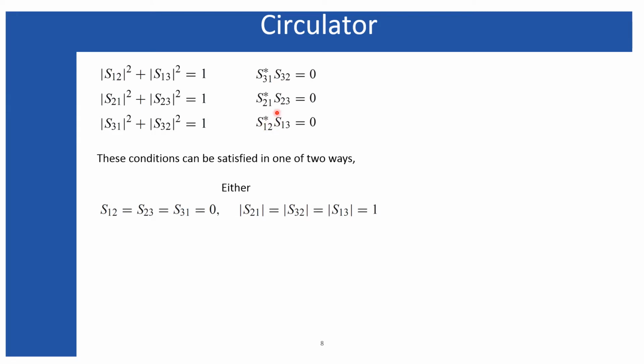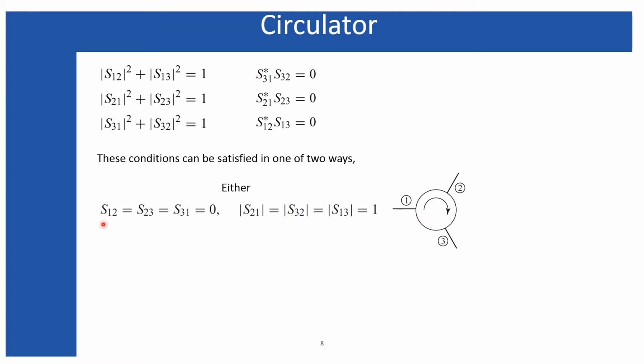But when these 3 are 0, from this equation we have S21 equal to 1, S32 equal to 1, and S13 equal to 1. This condition basically means the signal flows from port 1 to 2, 2 to 3, and 3 to 1. So signal is flowing in a clockwise direction.